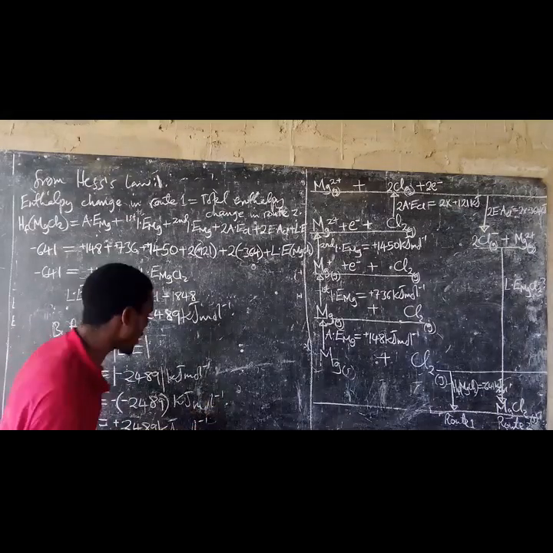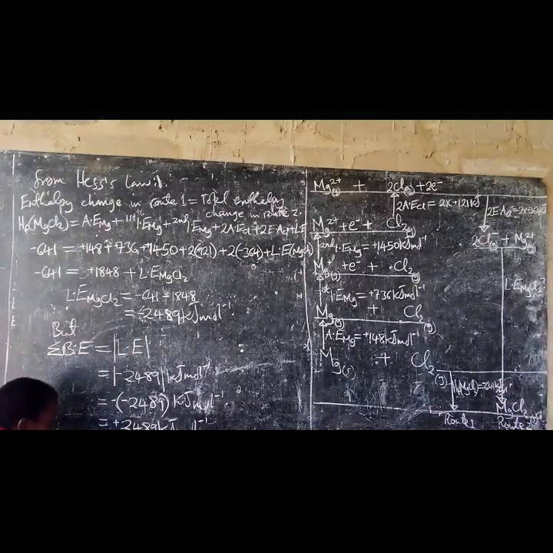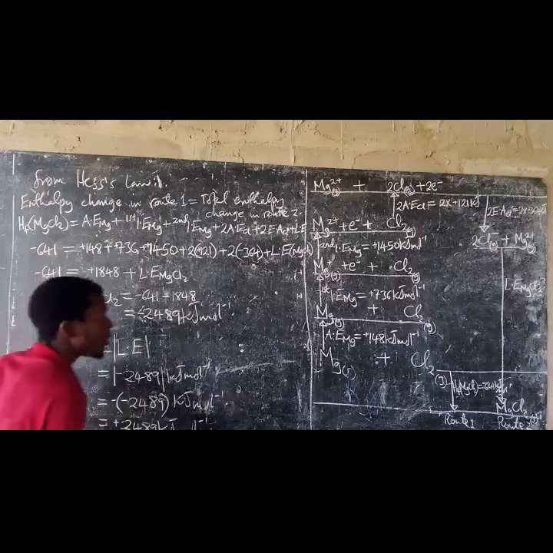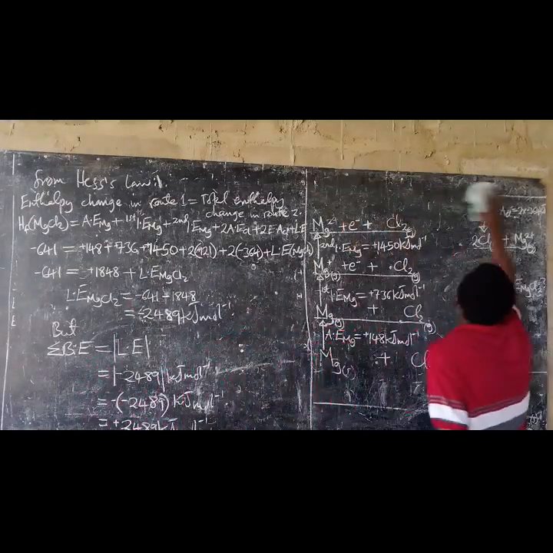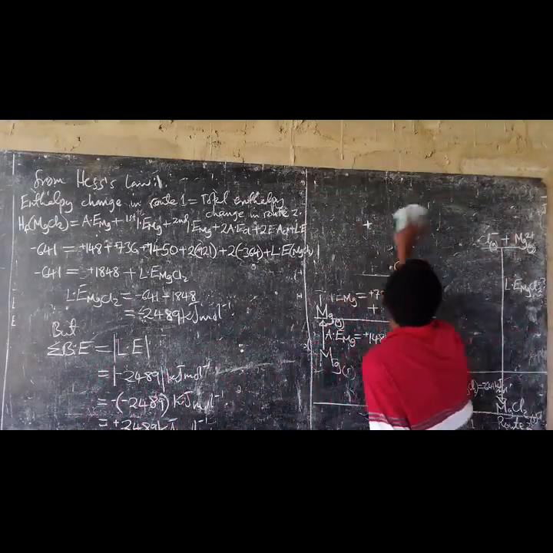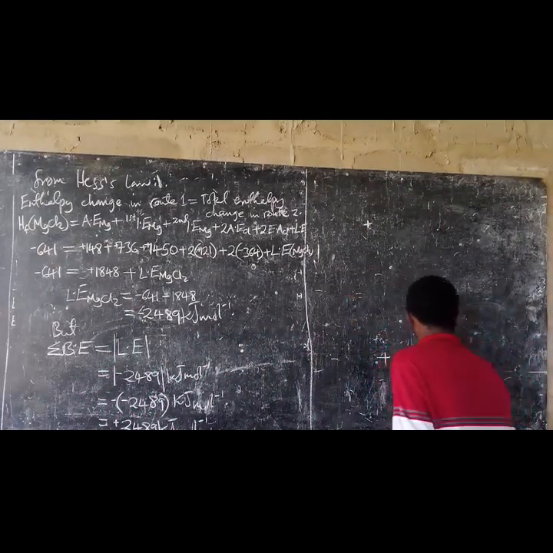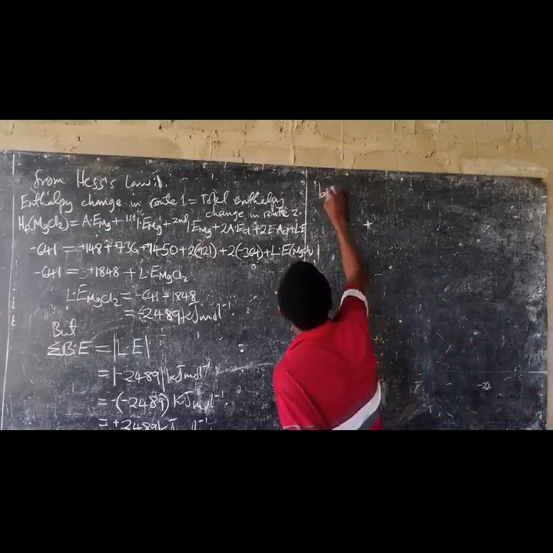But in magnesium chloride, there are two magnesium to chlorine bonds.